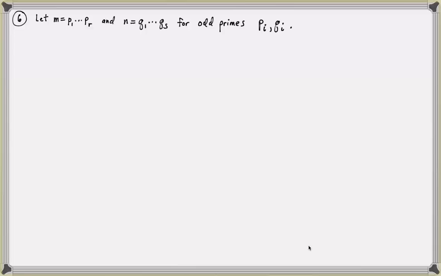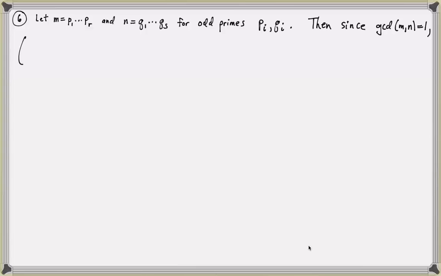Then we're going to use the fact that m and n are relatively prime. So since the GCD of m and n is 1, let's start with the Jacobi symbol product.